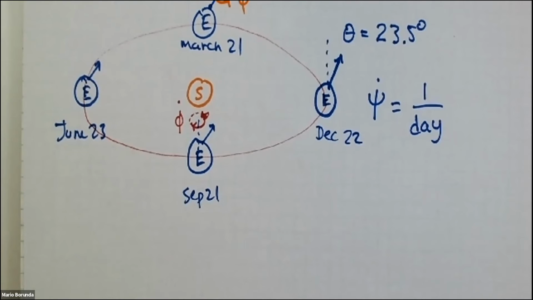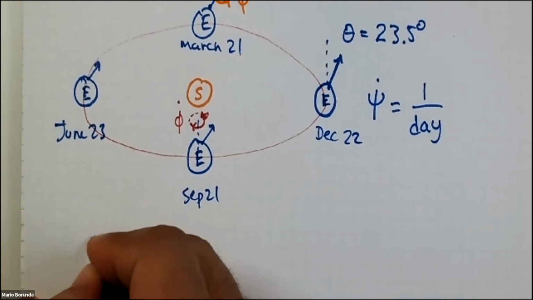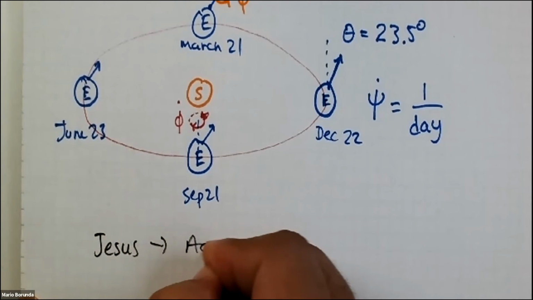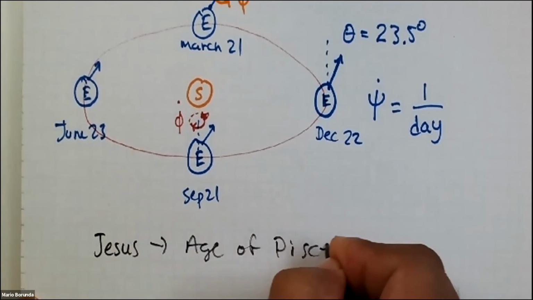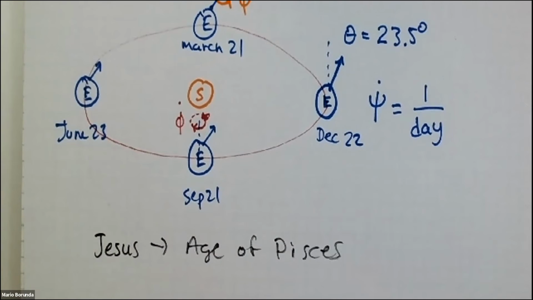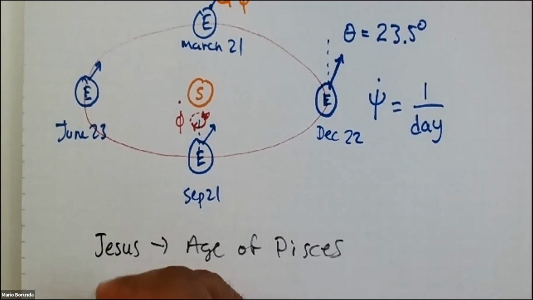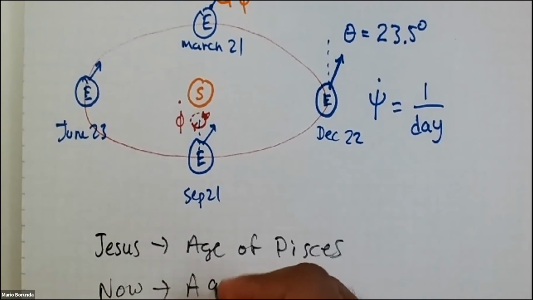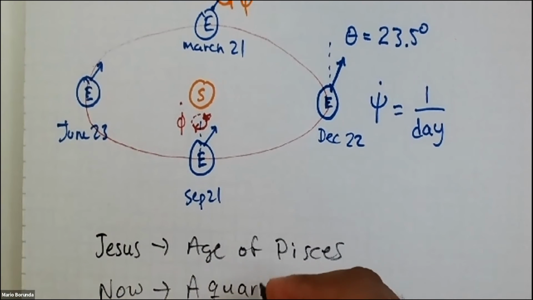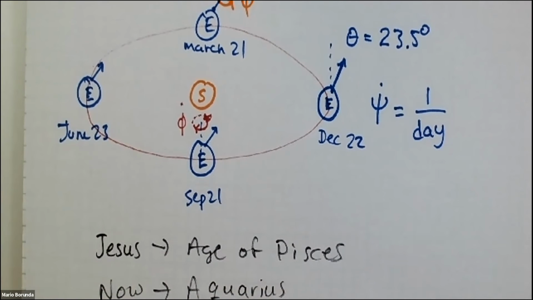Jesus was born in the age of Pisces. So Pisces is the fish. And then right now we're in the age of Aquarius. So if you look at the houses of the zodiac, in around 2000 years, we traveled.